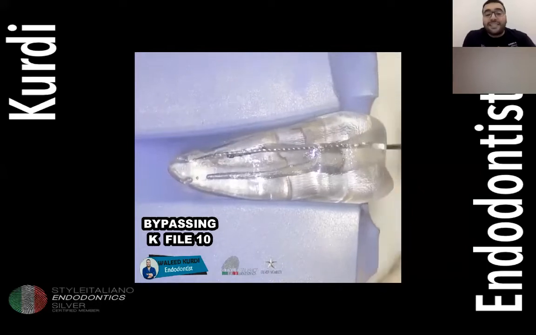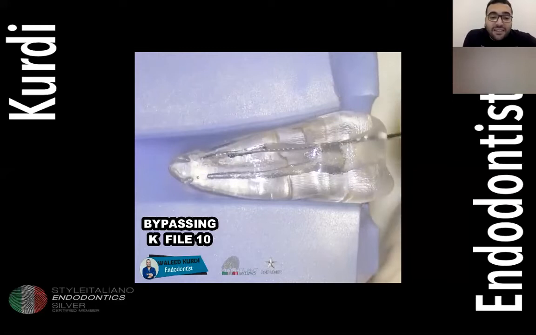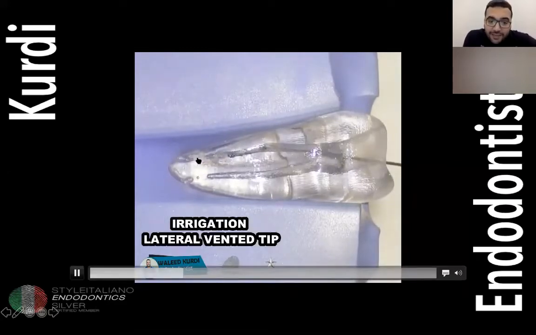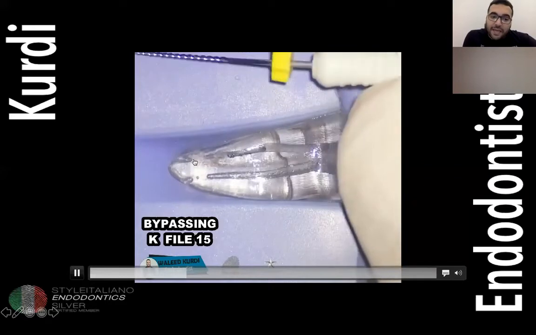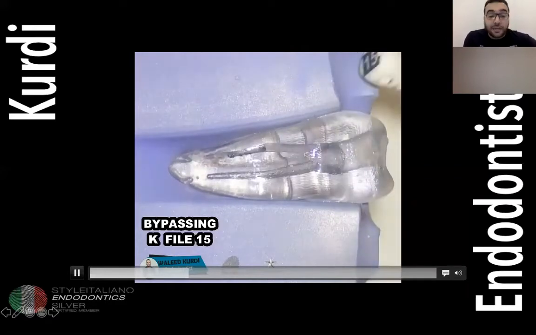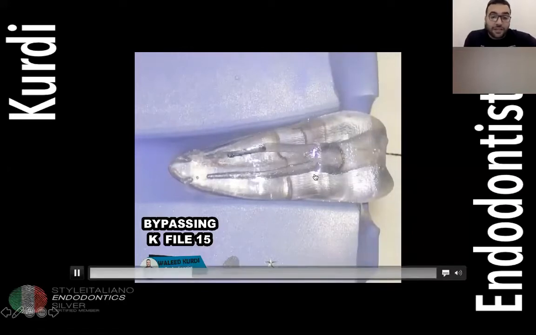Now, if you can see in this model, yes, I bypass the file, but we have a second curve here. We have a secondary curve that we cannot take with K file number 10. Maybe I will have some risk of making an artificial apex or some sort of iatrogenic errors here.